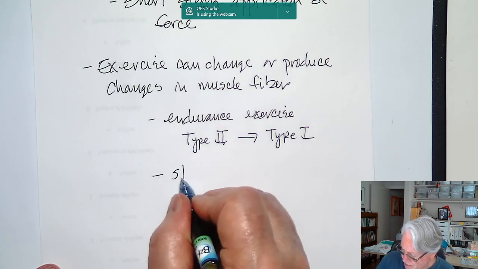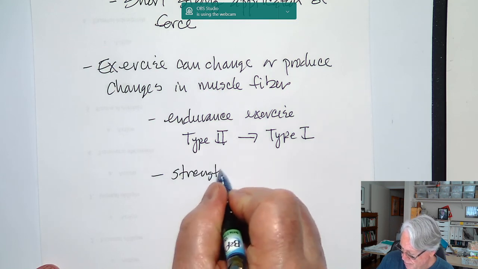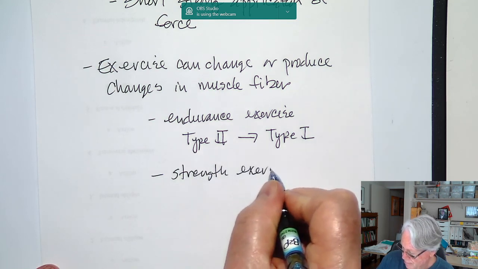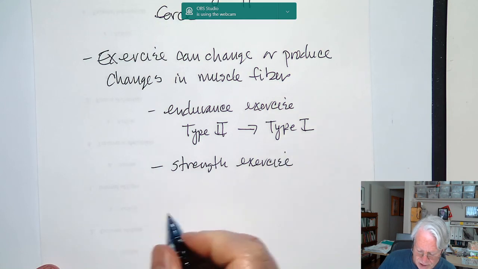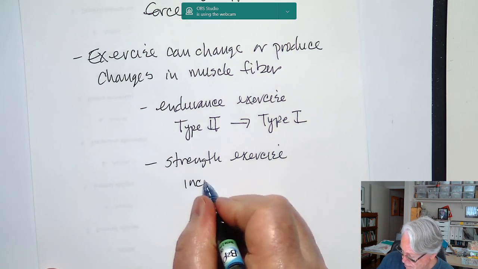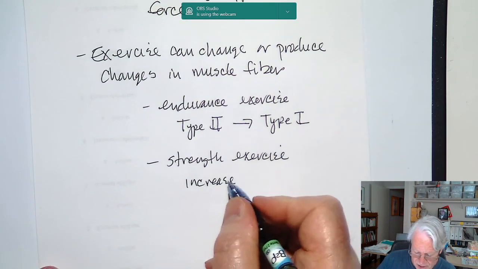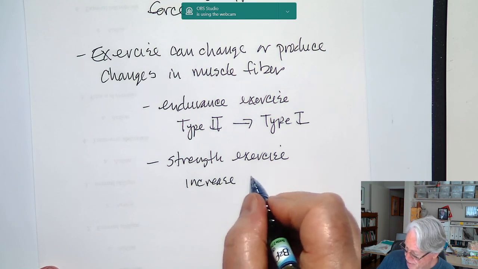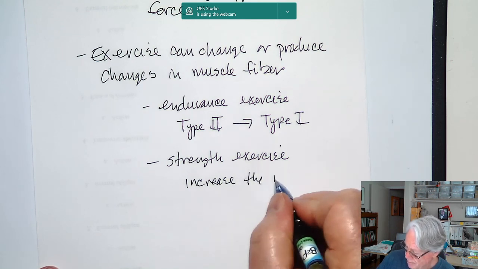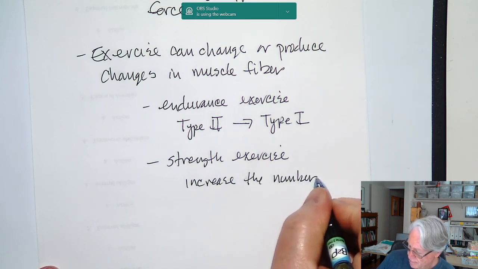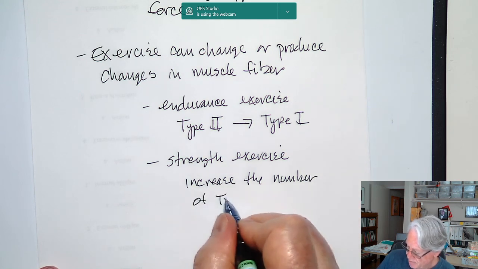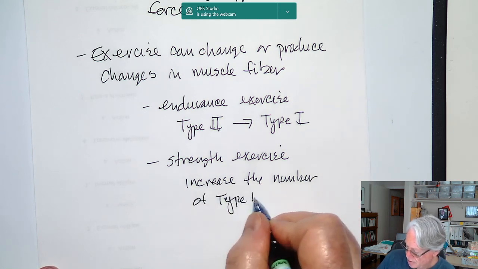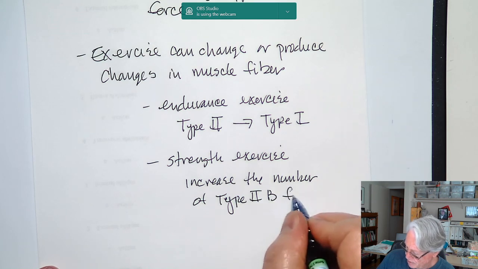Strength exercise can increase the number of type 2B fibers.